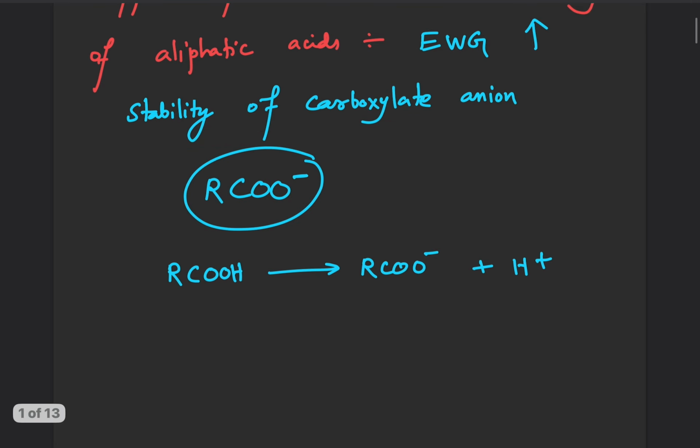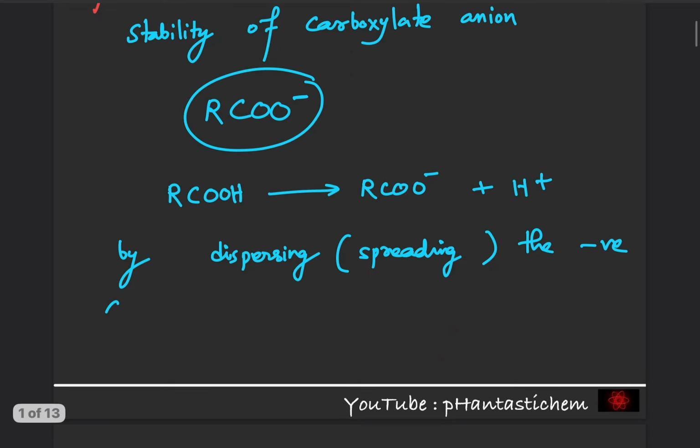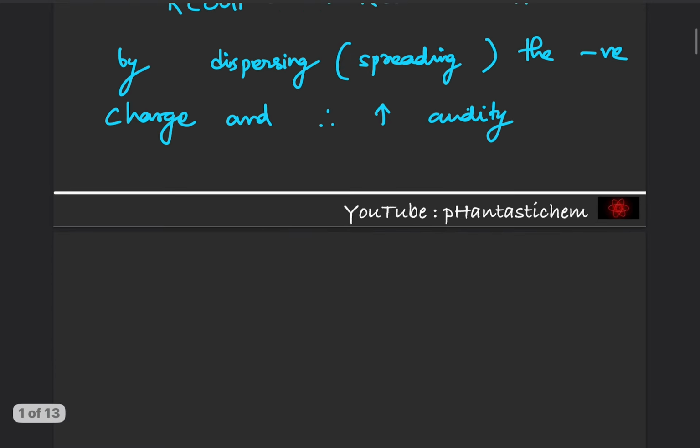So how do they do this? By dispersing or spreading the negative charge, and therefore they increase acidity. To understand, we'll draw the resonance hybrid of the carboxylate ion, RCOO minus.